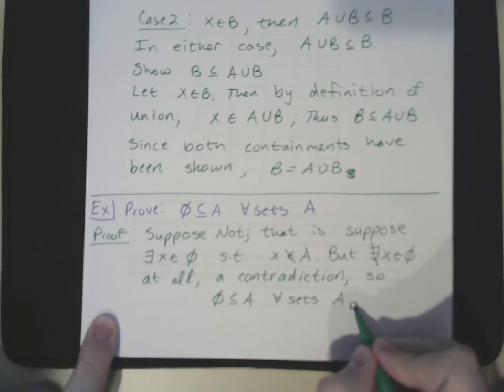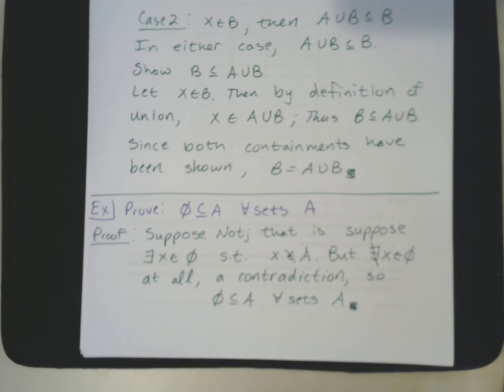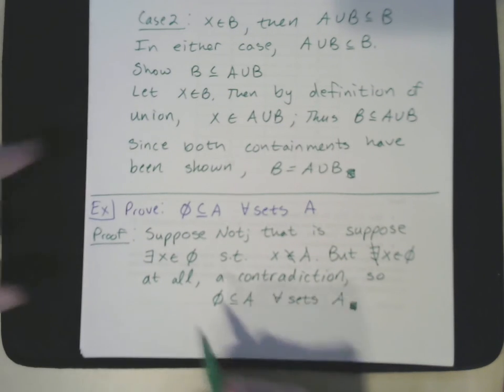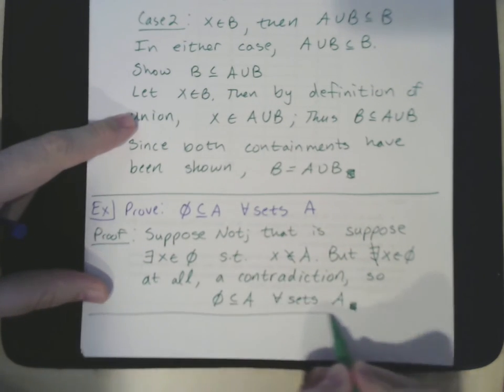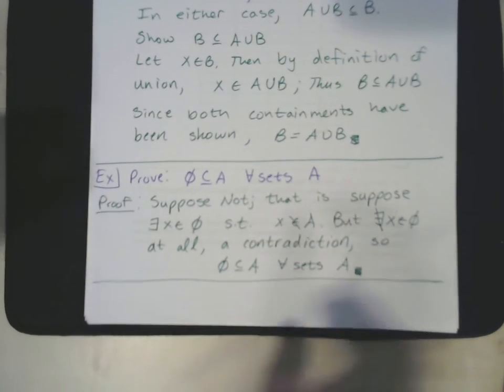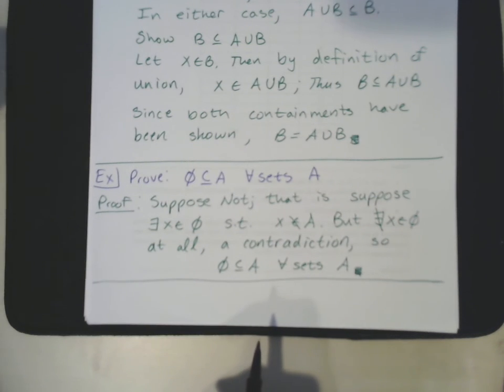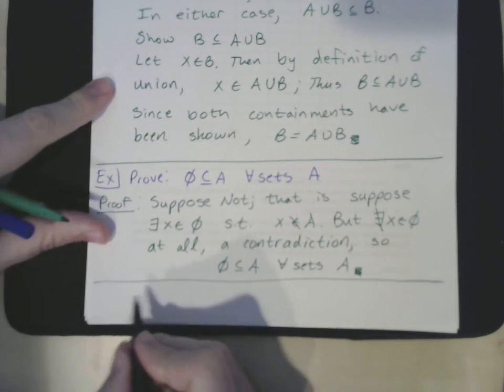Interesting little proof here. But that is something that we can use. The empty set is always a subset. So every set, we usually say, has two subsets. You can think of this as an extra identity. It's not really an identity, it's a property.